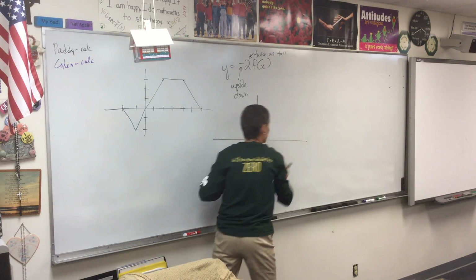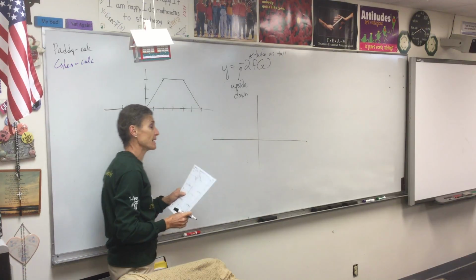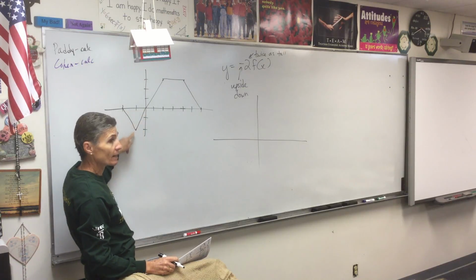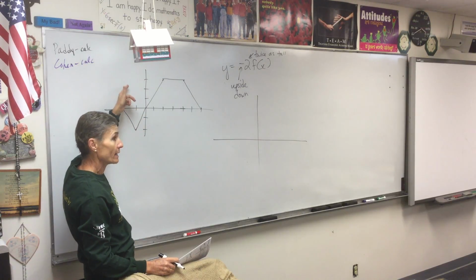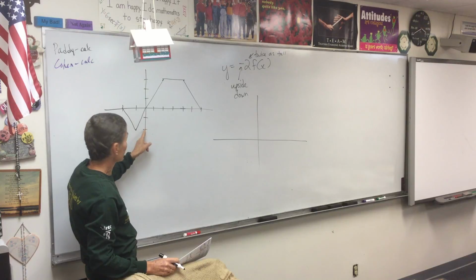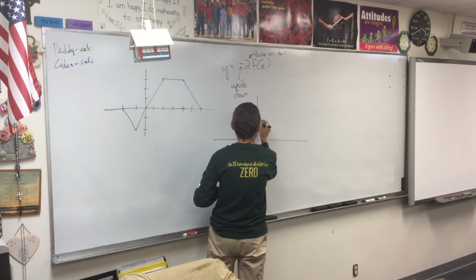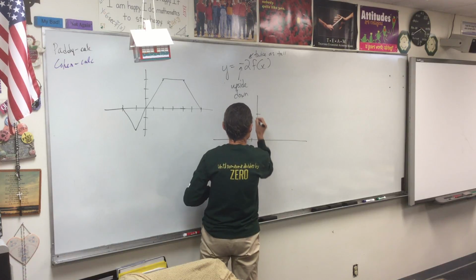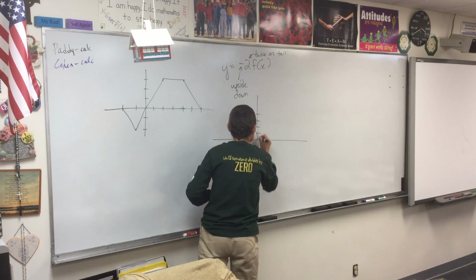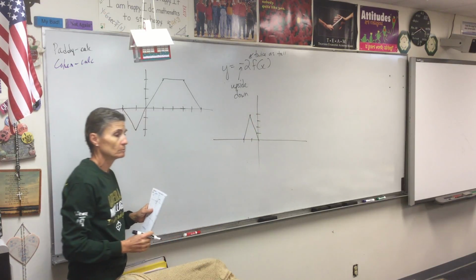So kids, you're going to turn it upside down. That means this guy right here is going to be pointing up. But instead of only being 2 tall, he's now going to be 4 tall. So he's upside down and he's 4 tall.